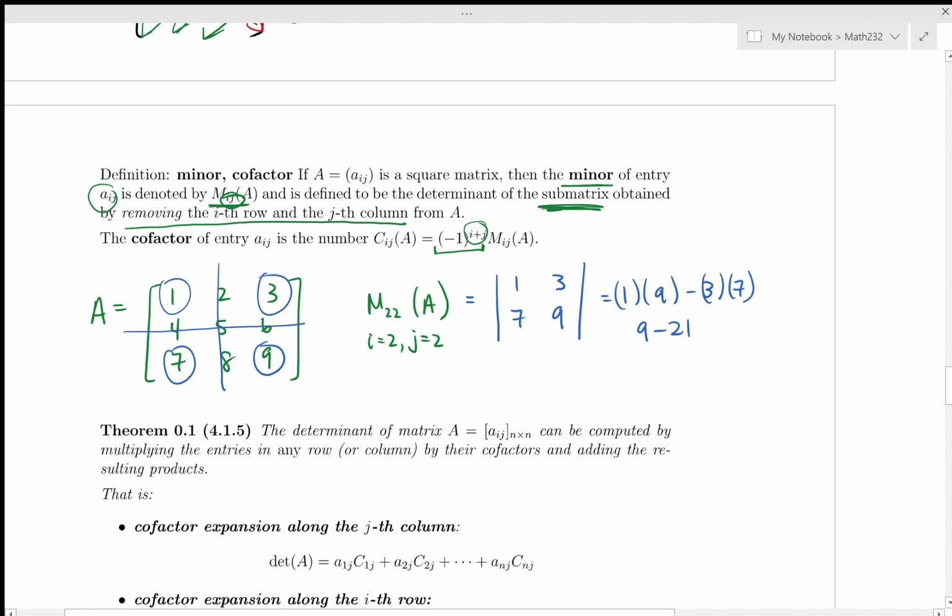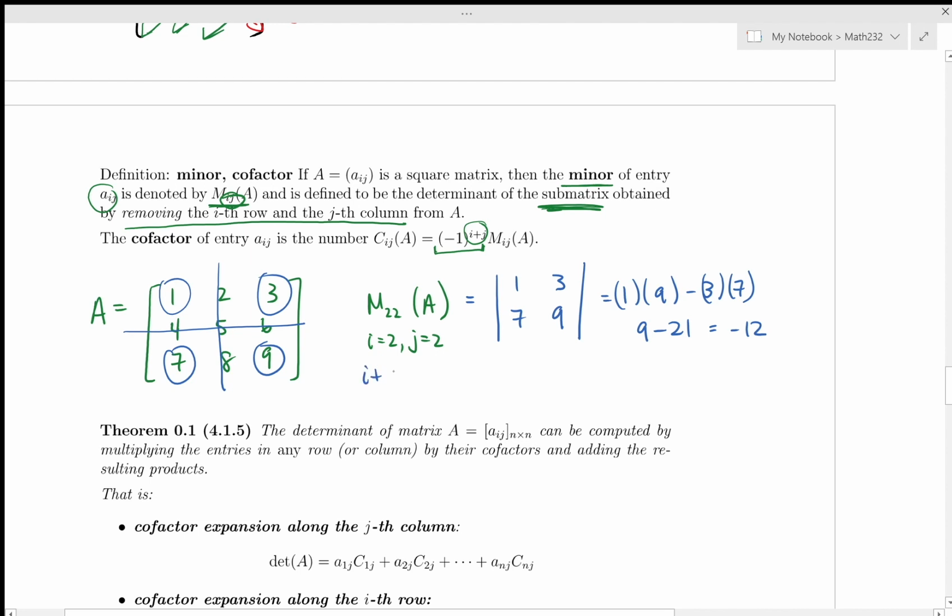What is 9 minus 21? That is minus 12. So that is the 2,2 minor, and then what I do is I add up i and j, and I get 4.